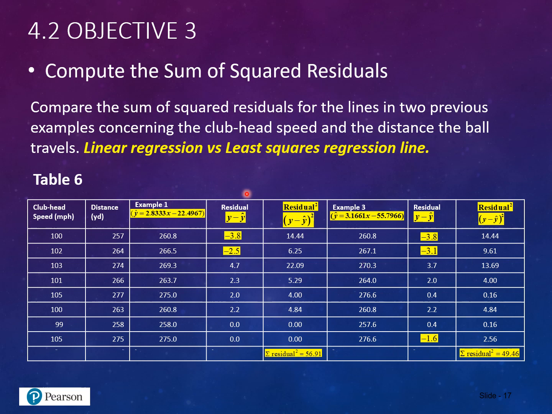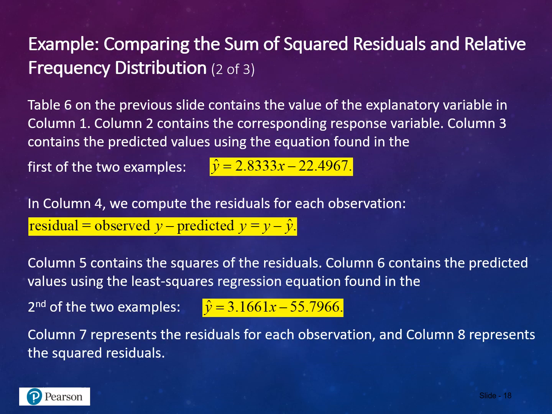We've calculated the residuals and then the sum of the residuals squared here and here. I'm not going to walk through all of these, but table 6 contains the value of the explanatory variable in column 1. In column 2, it's the corresponding response variable. Column 3 contains the predicted values using the linear equation we created in the first example.